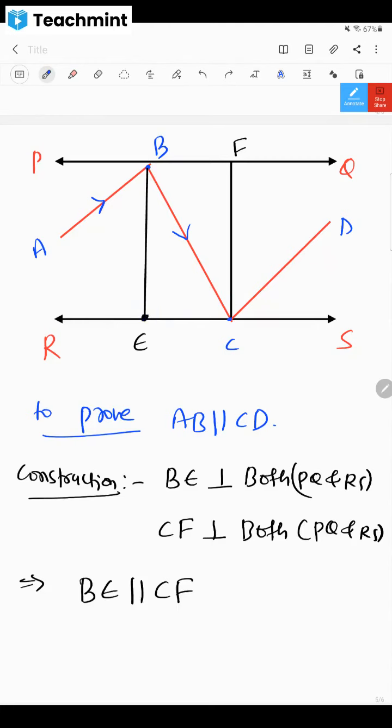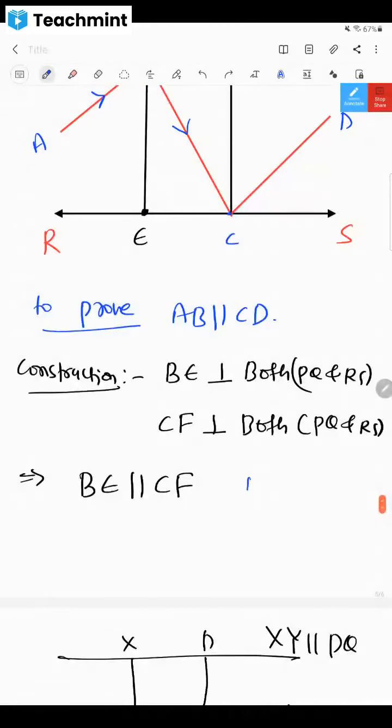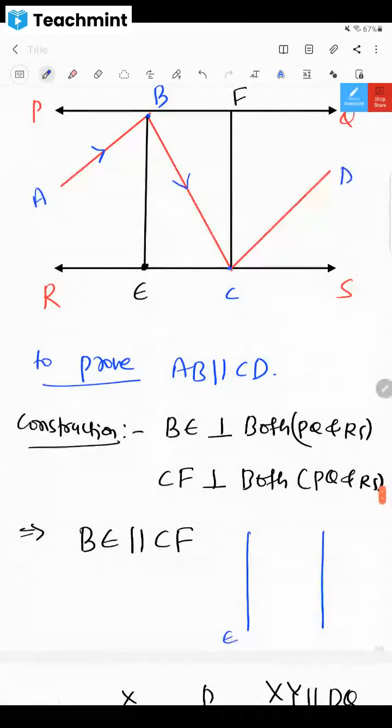These are the parallel lines, EB and CF, and don't you think this is a transversal here, going like this? And how about these angles? These angles are called alternate interior angles, no?